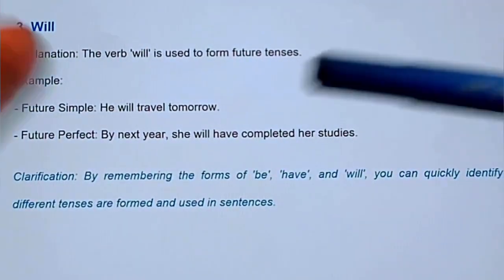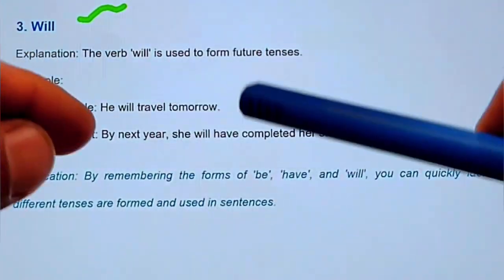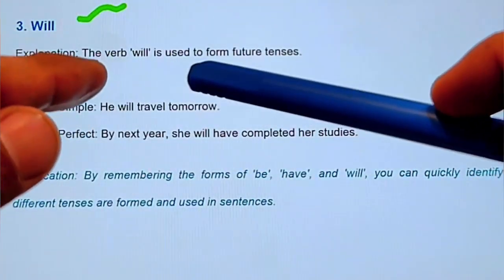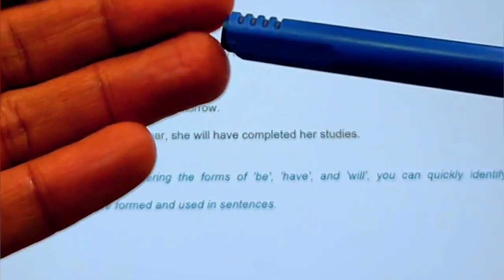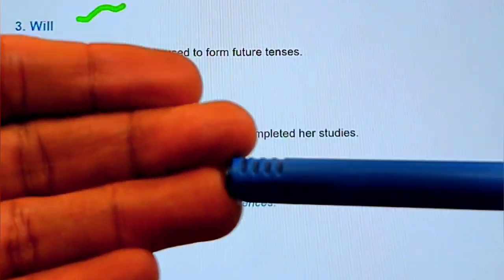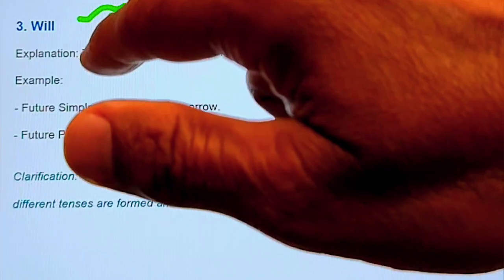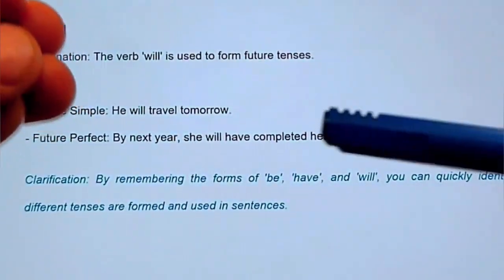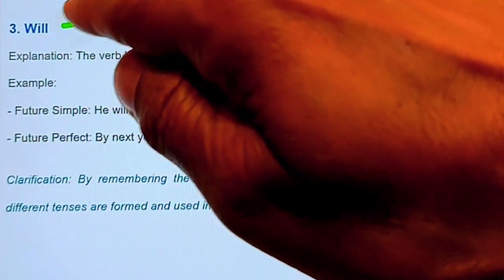Next key verb we have here is will. The verb will is used to form future tenses. So any tense where we use will.